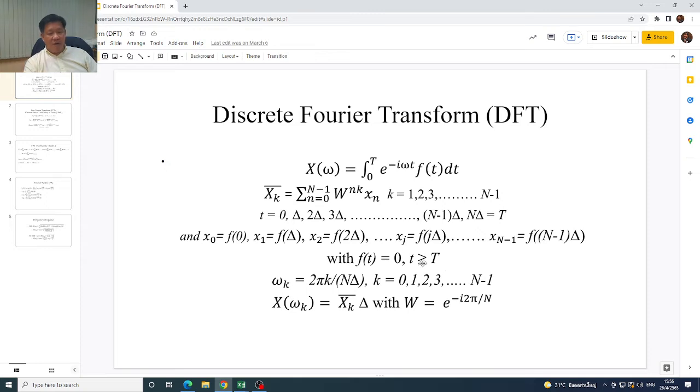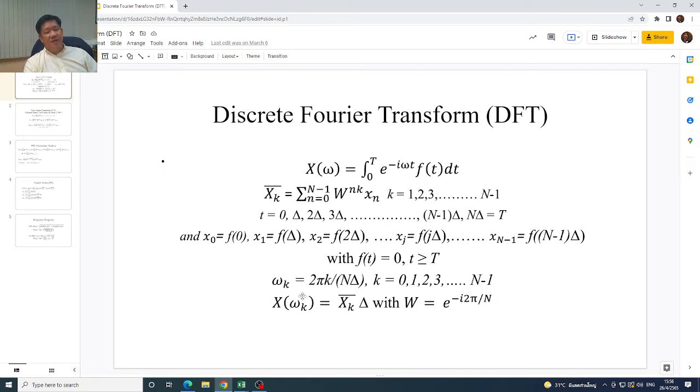Why N square? Because each k requires capital N product terms, and then for each product term we need to sum it up, capital N times. So for each k you require capital N multiplications and capital N summations, but k has capital N possibilities.